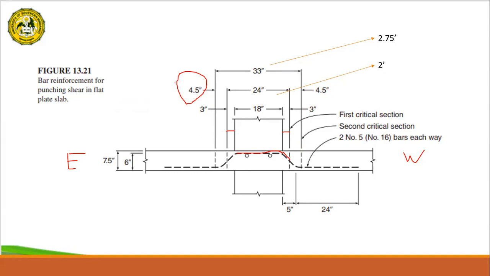So it can just be extended to our bottom bars. Yes, these are our bent bars for shear reinforcement. So our reinforcement is extended along the critical section, or first critical section, with this perimeter of 24 inches, or perimeter to from the base of the support.